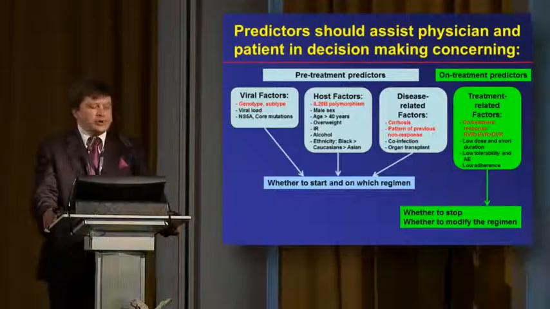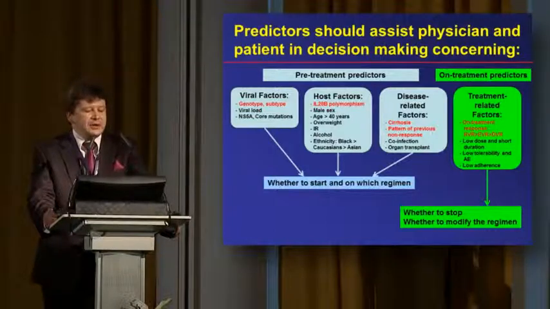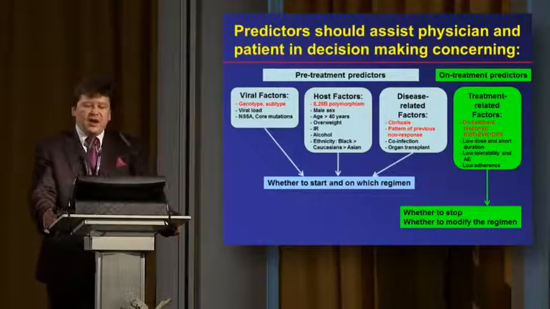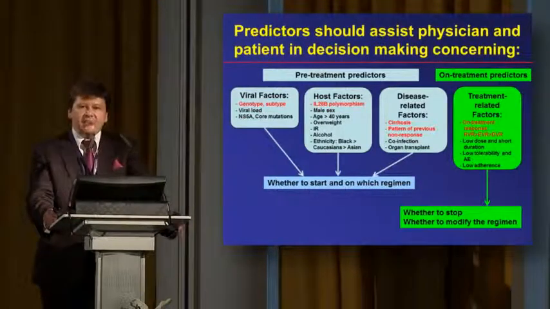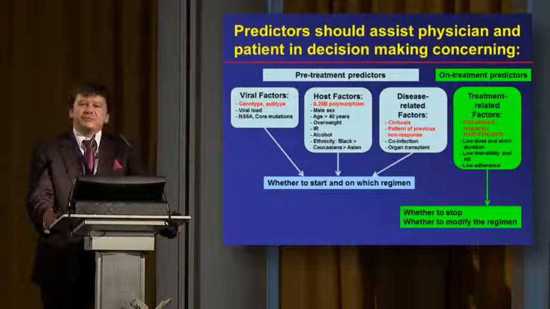Pre-treatment predictors include viral factors such as genotype, subtype of virus, viral load, and some mutations in different regions of HCV. Host factors include mainly interleukin-28B polymorphism and also sex, age, overweight, insulin resistance, alcohol, and ethnicity.